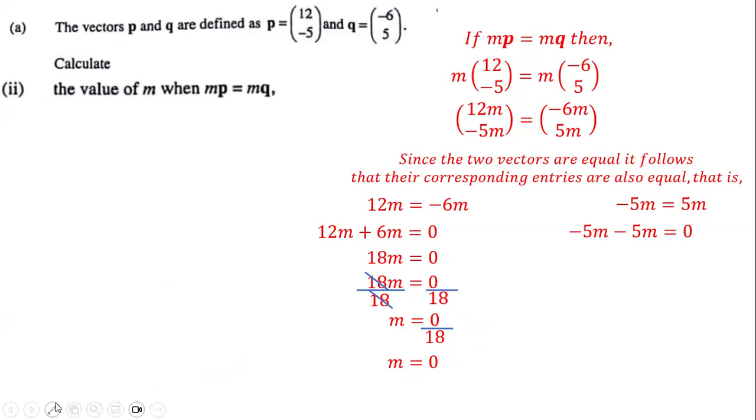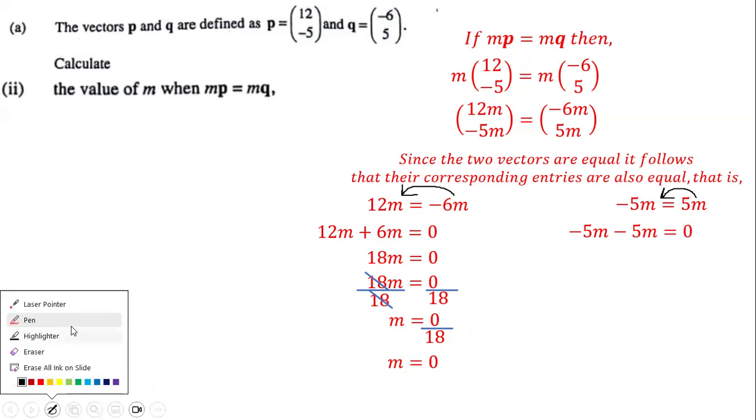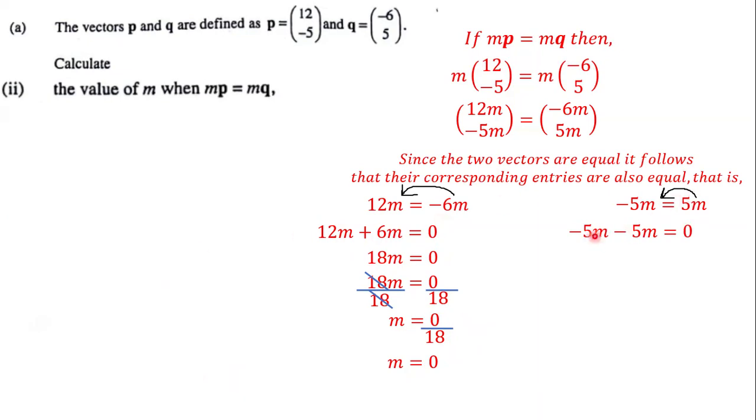Let me show that. In this case, we sent the -6M over, and in this case, we sent the 5M over. All right. This was a +5M, but when we send it over the equal sign, it becomes -5M. So we have -5M minus 5M is equal to 0. That's going to be equal to -10M.